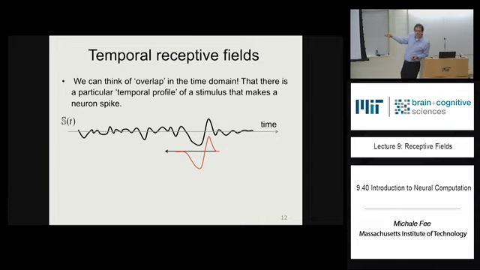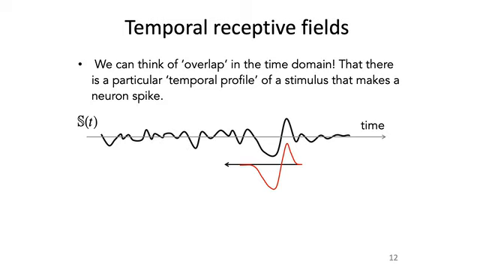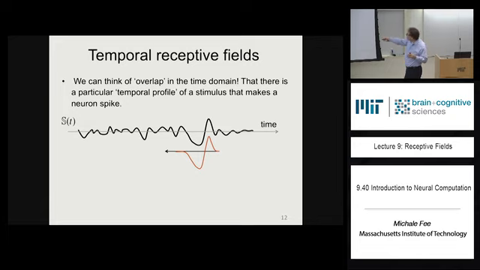Does that make sense? And so you can see that most of the time, that negative bump and positive bump are just going to be overlapping with lots of random wiggles. But let's say that the stimulus has a negative part and then a positive part, dark, then bright. You can see that at this point, that filter will have a strong overlap with the stimulus. Why? Because the negative overlaps with the negative, and that product is positive.